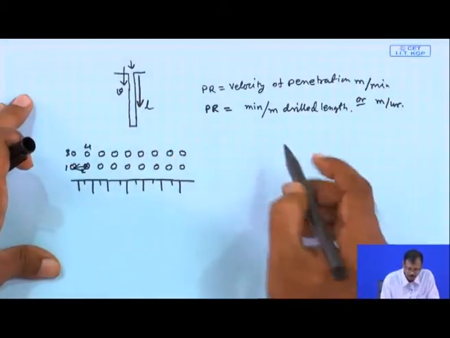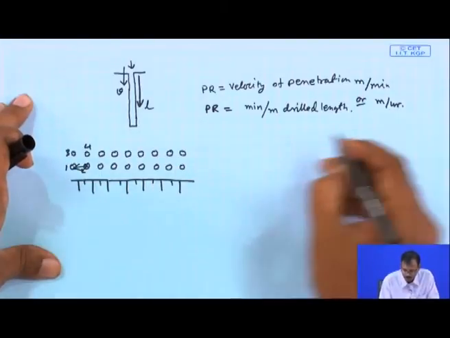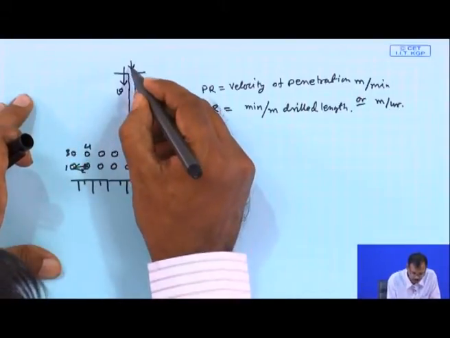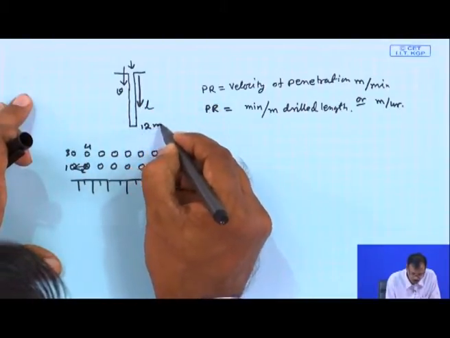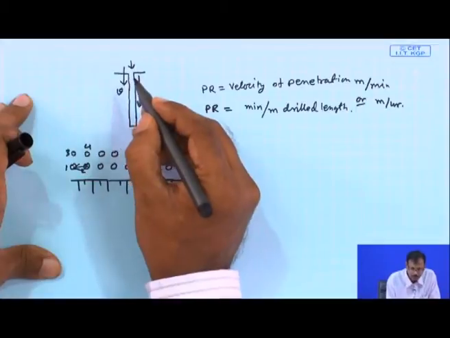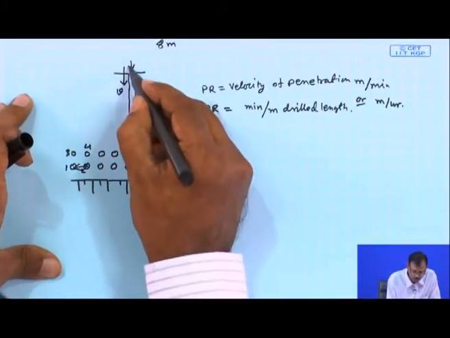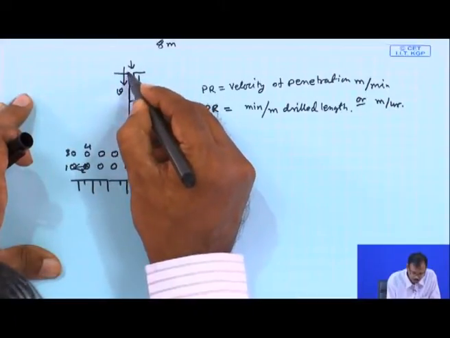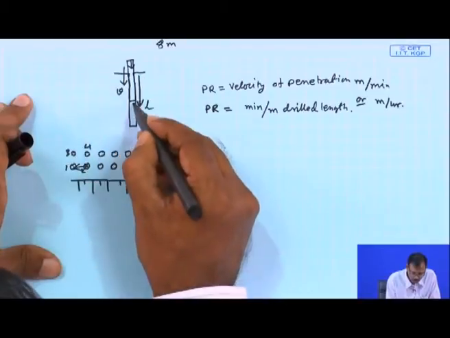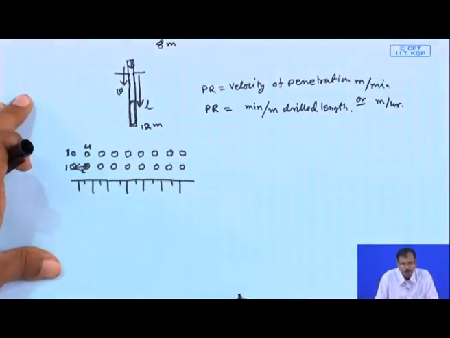Again the inserting of one rod along with the other rod, that means if the drill machine starts with a drill rod, say of 12 meter length and the drill machine is possessing a drill rod of 8 meter length, then one rod has to be added with another drill rod, so that the complete hole length can be drilled.